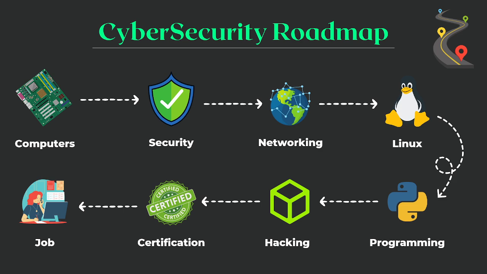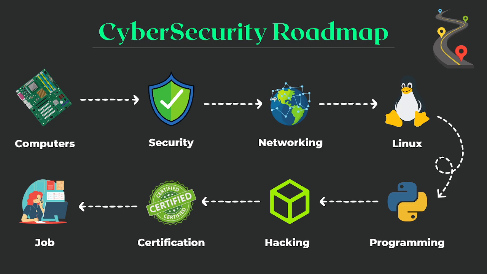Then you should learn a bit about security, some terminologies in security, which I will be teaching in the next lecture. And what is system security, how to protect systems, data encryption, how is data encrypted, how are passwords stored using different hashing methods. Then the next thing you need to learn is networking.